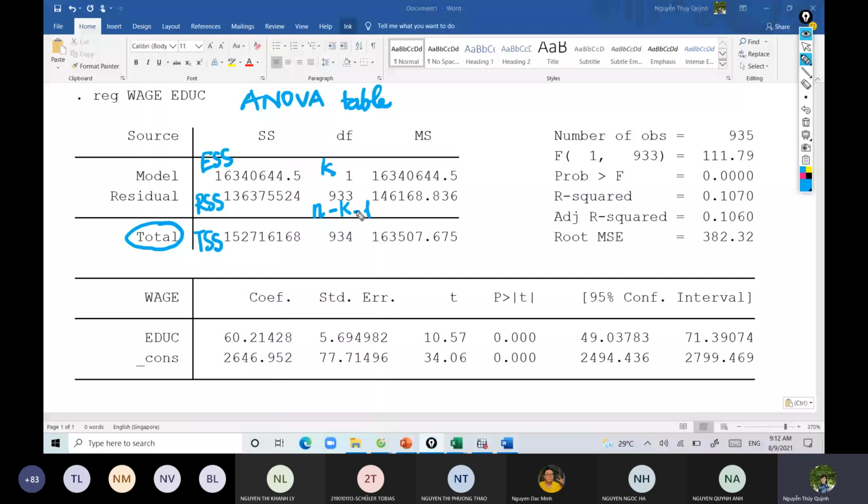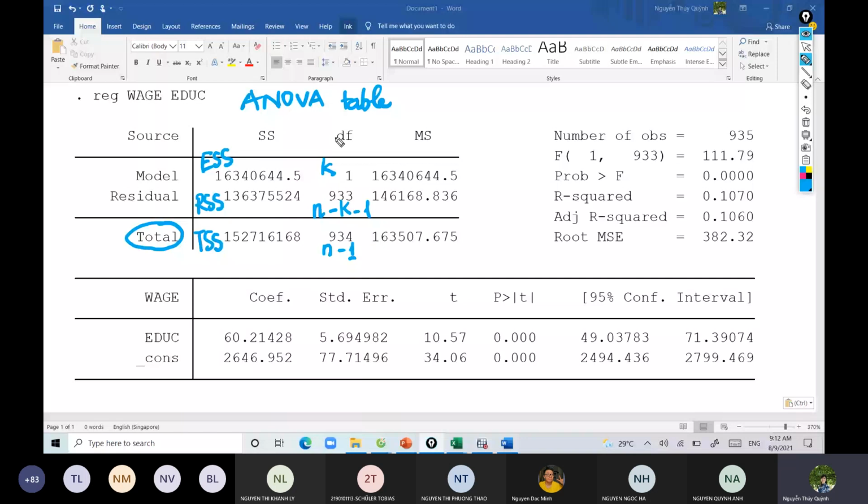And what is the degree of freedom of TSS? N minus 1. Yeah, that's correct. N minus 1. All right. Okay, so this column is the mean square, which means that you take the sum of square divided by the degree of freedoms, you will get the mean square here.